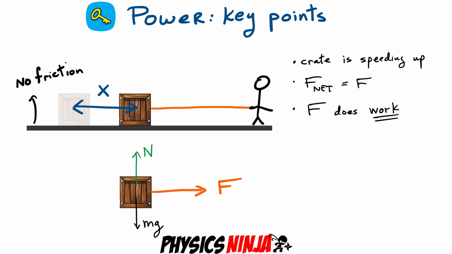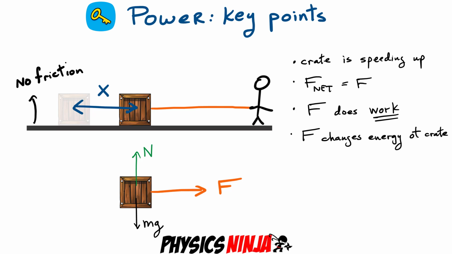Now, this force is actually doing work. If you remember the definition of work, if you have a force and a distance, and in this case they're in the same direction, the force and the displacement of the crate are in the same direction, we would say this force does positive work. So what happens now? If you have positive work, another way to consider that is that the energy of the crate is changing.